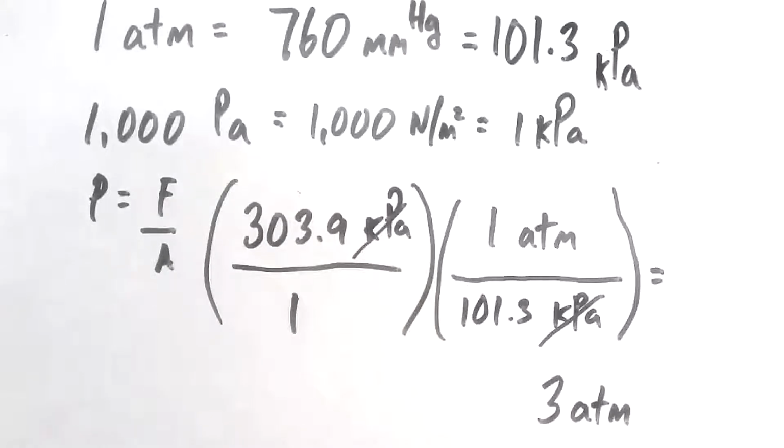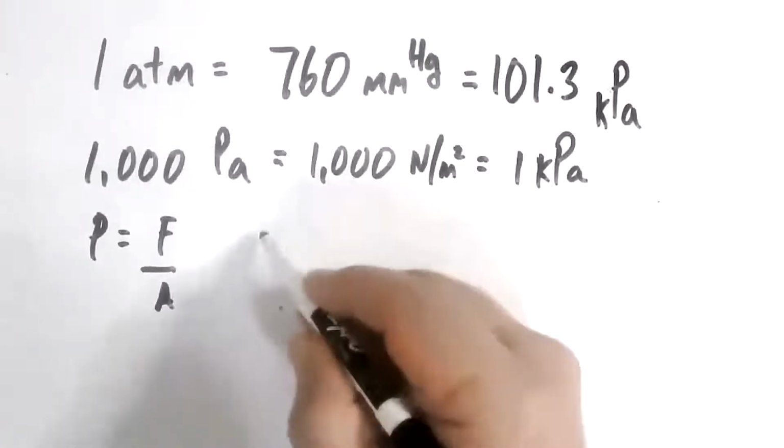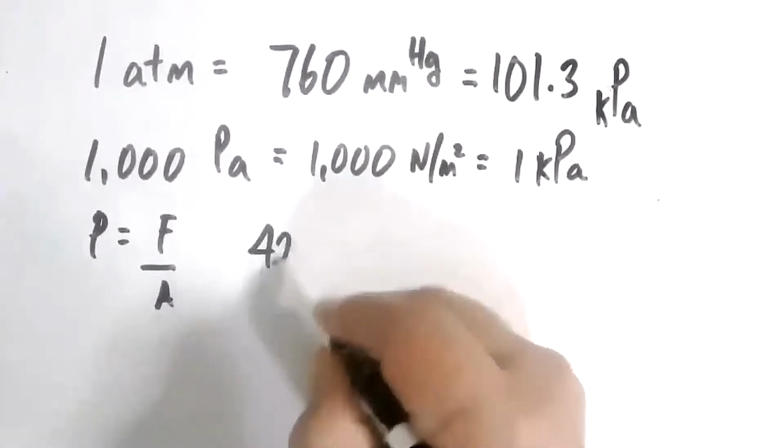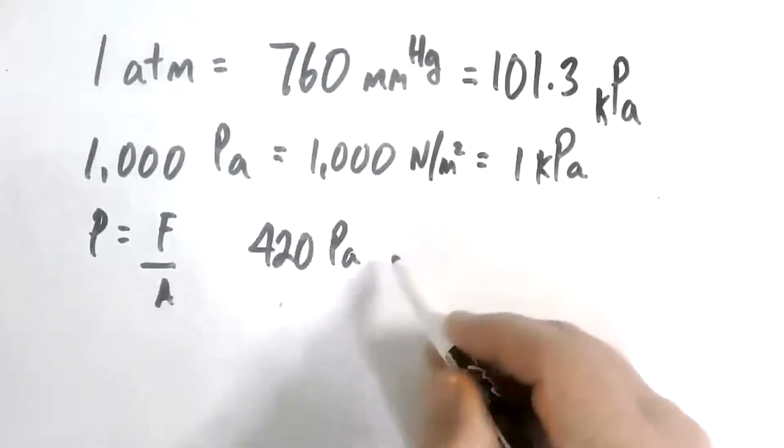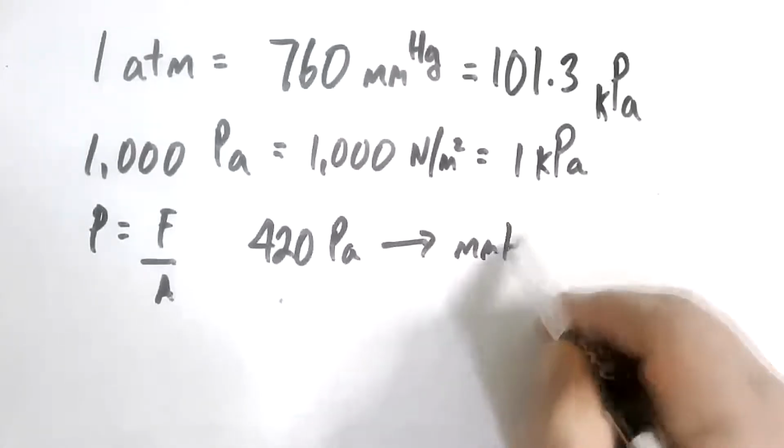So these are all very straightforward, one-step conversion factors where we cancel the term. But suppose we're given a problem where there is no direct one-to-one conversion provided. Let's see what that might look like. Let's say that we're given 420 pascals and we want to know how many millimeters of mercury that would be.